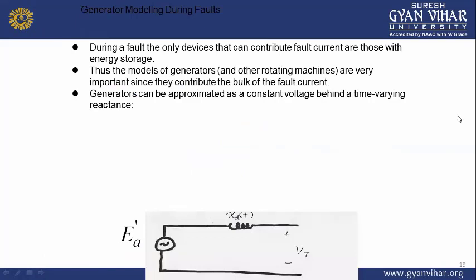Now look at the generator modeling during the faults. It is important that under steady state short circuit conditions, the armature reaction of the synchronous generator produces a demagnetizing effect or flux. In terms of circuit, this effect is modeled as a reactance XA in series with the induced EMF.